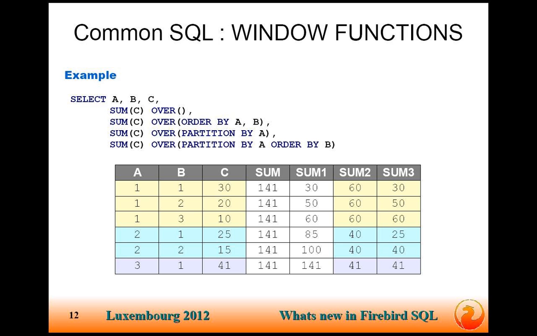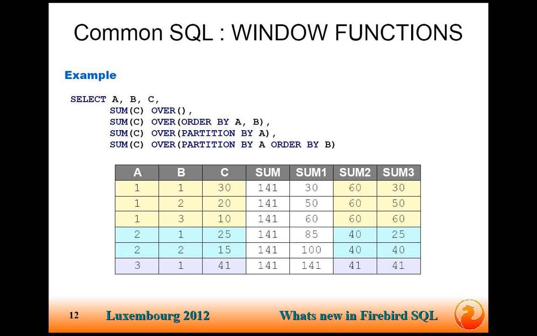The second example, SUM(C) OVER ORDER BY A and B, shows how it could be used with an ordered result set. If the aggregate function specification contains an ordered window, then the aggregate function works not with the whole result set, but only with the rows processed so far.